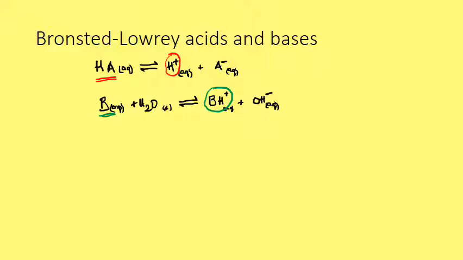Just one last point on this. These hydrogen ions that we have in the acid equation are just protons, and protons are very reactive. They don't just hang around on their own. What they do in aqueous solution is they hitch a ride on a water molecule.